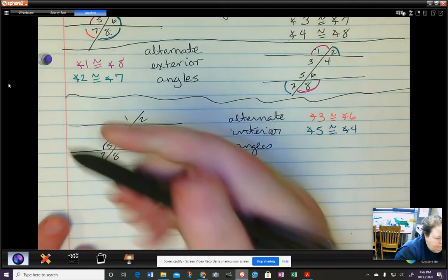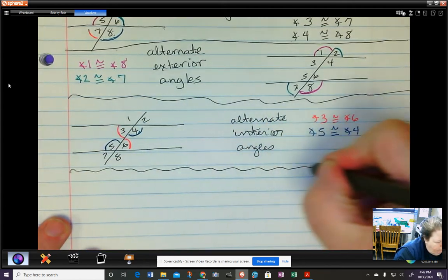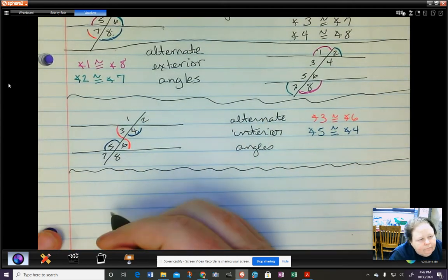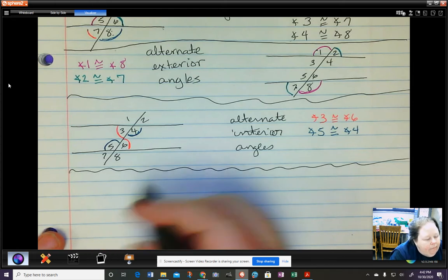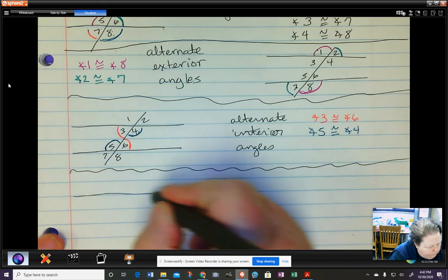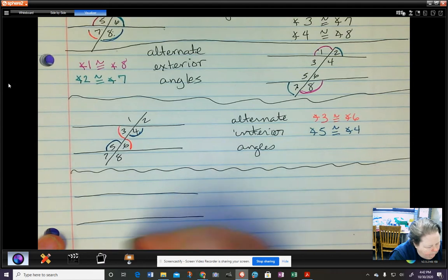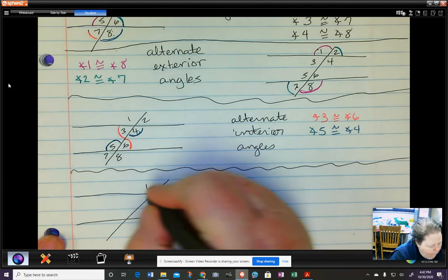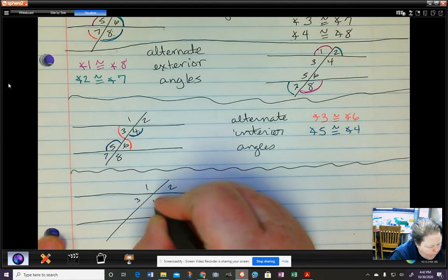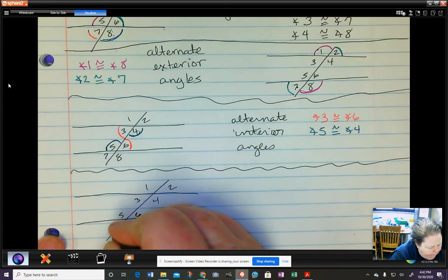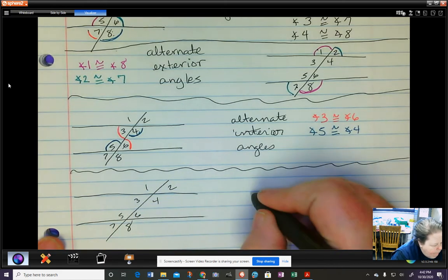Okay. Another picture. Vertical angles. Another little picture. 1, 2, 3, 4, 5, 6, 7, 8. Vertical angles.